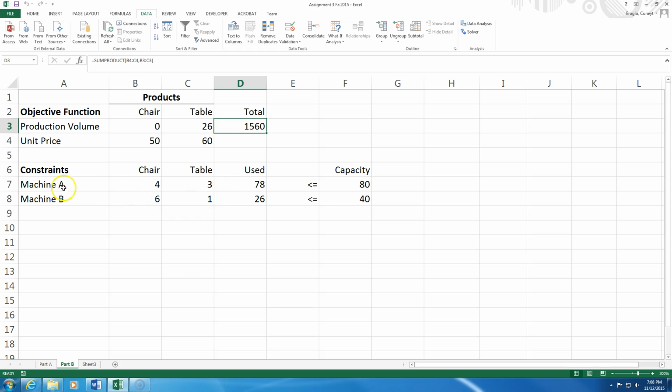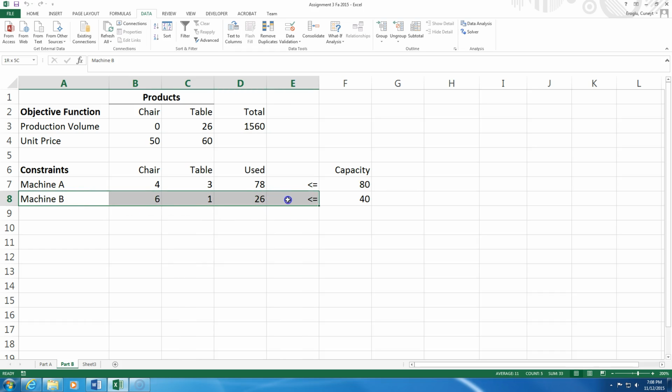We're making 0 chairs, 26 tables. Your answers will be different because you'll be using different numbers. We have increased our revenues from 780 to 1560. Okay, let's look at the constraints.